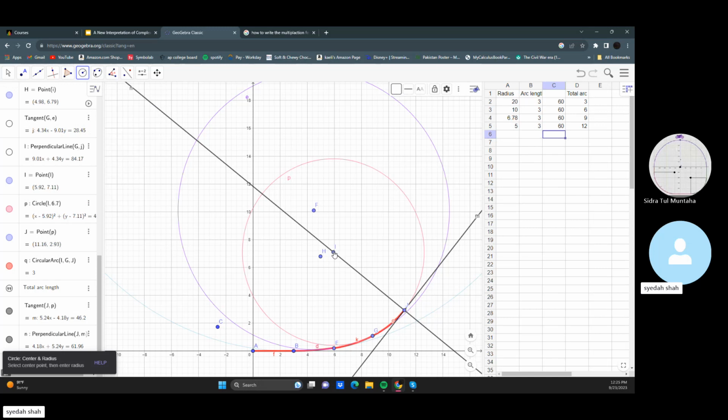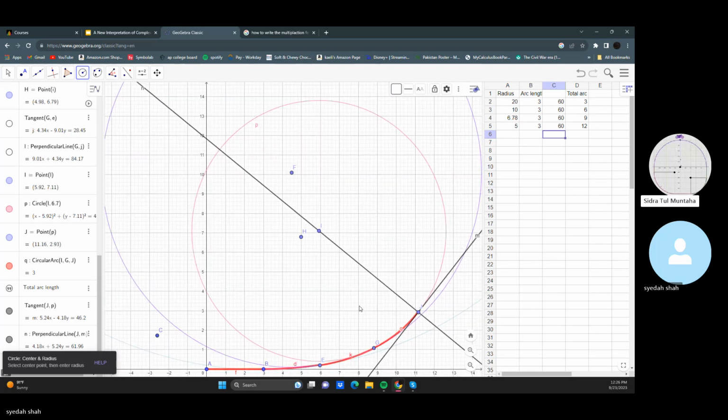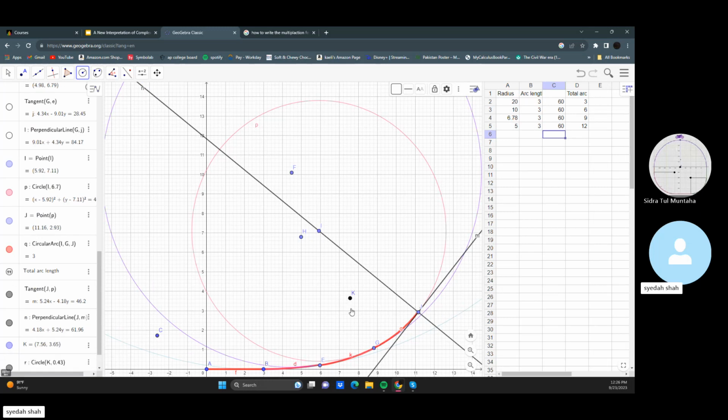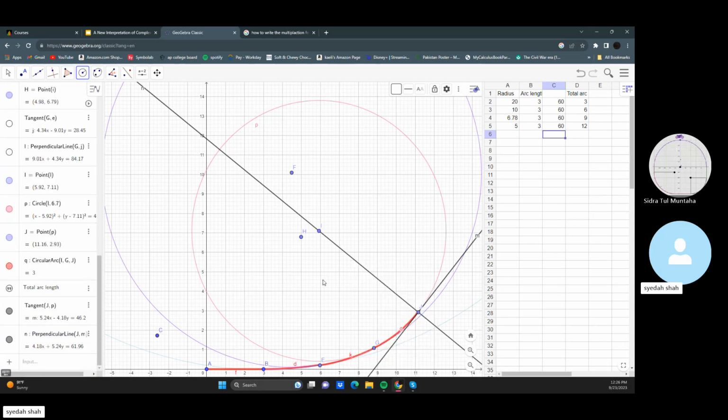The center is here. Or no, the center would be 5. Oops. Delete. Or no, the radius is 5. Sorry. So this would be the center.